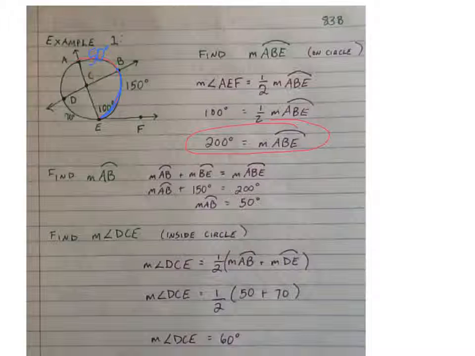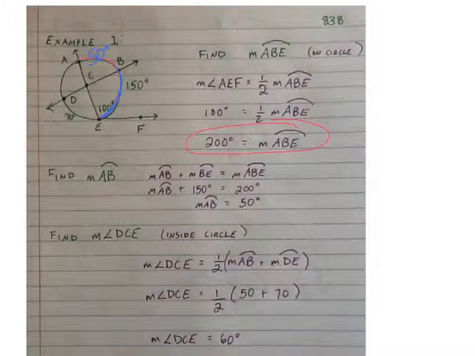The next thing they ask us to find is the measure of angle DCE, and DCE has the vertex inside the circle, so the measure of that angle should be 1/2 of the two arcs. So we take 1/2 of 50 plus 70, and 1/2 of 50 plus 70 is 60 degrees.